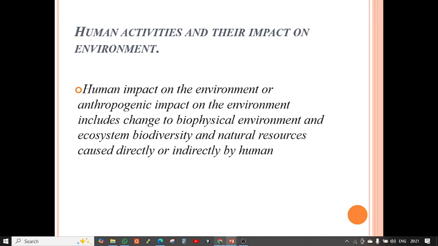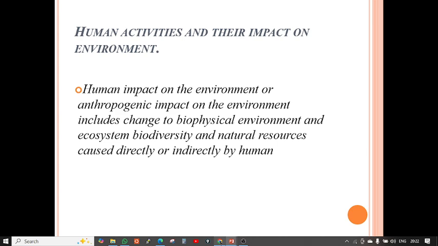So what do you mean by biophysical? First is biophysical environment changes, which is of great importance. Then second is ecosystem biodiversity changes. Then third is natural resources declining. So these three are the most important things.